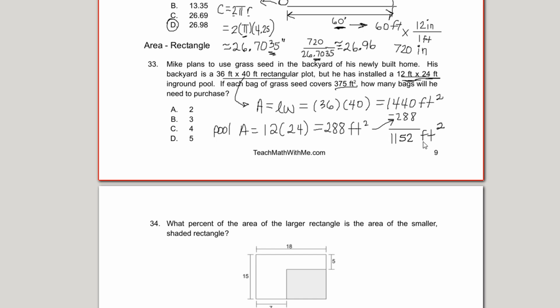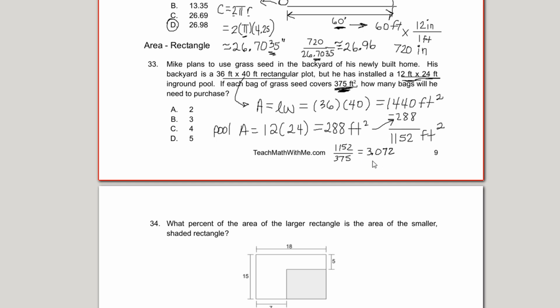Now, where does that come into play? Our ultimate question was how many bags of grass seed do we need? One bag covers 375 square feet, and we've got 1152. So I need to take my 1152 and divide it by 375 to figure out how many bags I need. And I get 3.072.